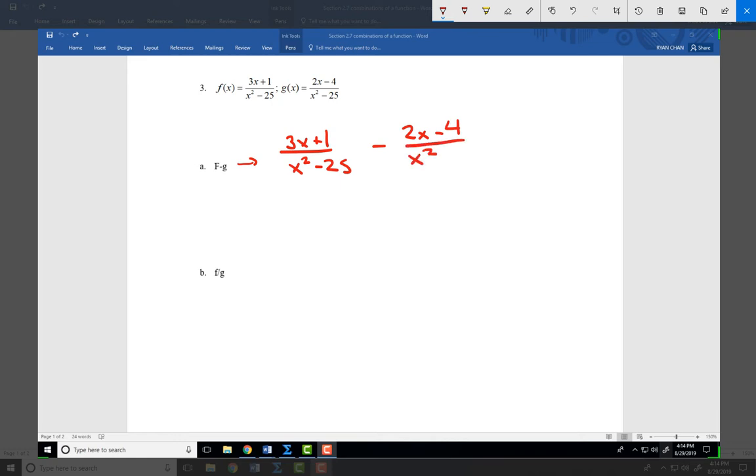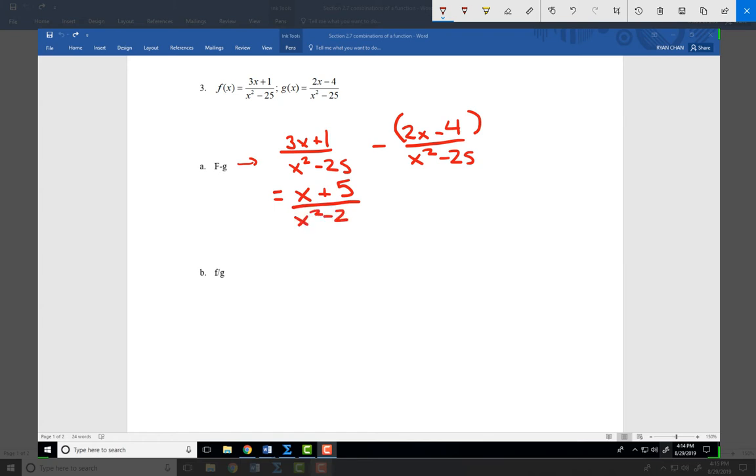Otherwise, you need to use an LCD. Since the denominators are the same, that means we can just subtract the top. So I have 3x minus 2x is x. And then 1 minus negative 4. Be careful, that becomes plus. So I'll be plus 4. That will become 5. Okay?